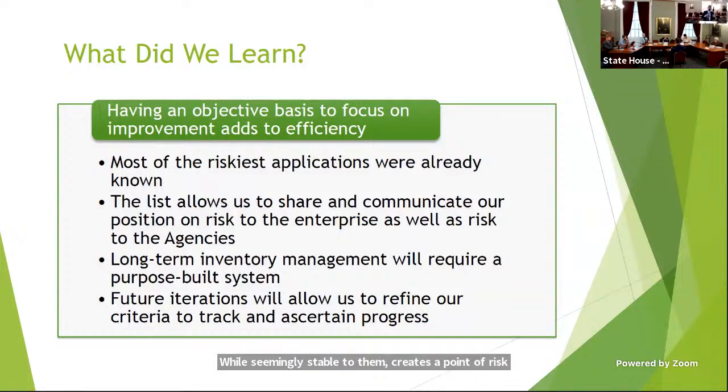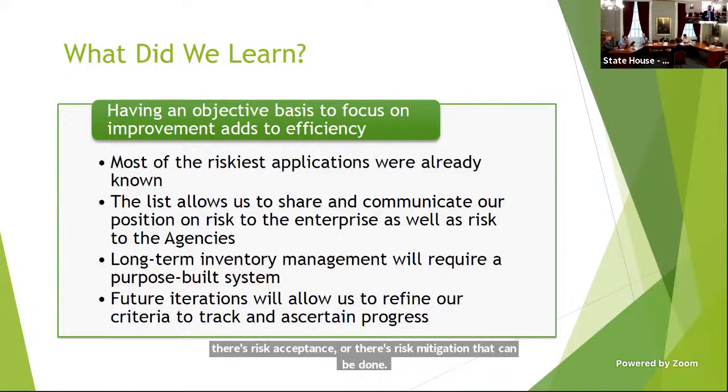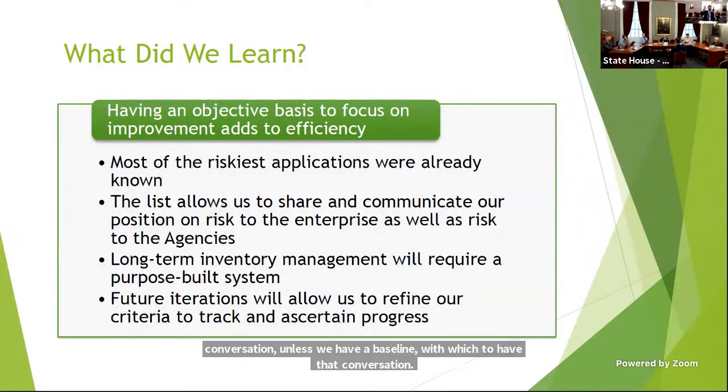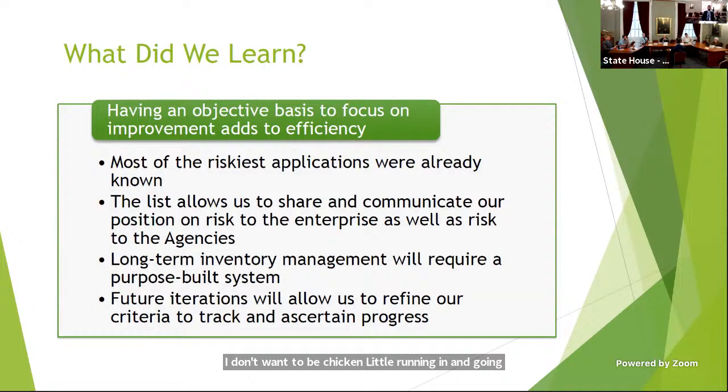In some cases, there's risk acceptance or risk mitigation that can be done. But we can't even have the conversation unless we have a baseline. I don't want to be Chicken Little running in and going, oh my God, your application is terrible, because the first thing somebody's going to say to me is, on what basis do you say that?